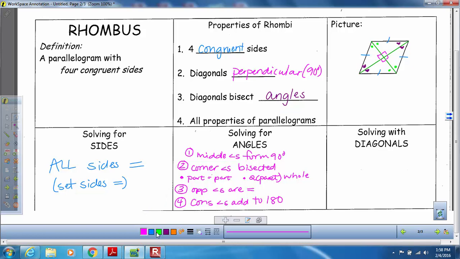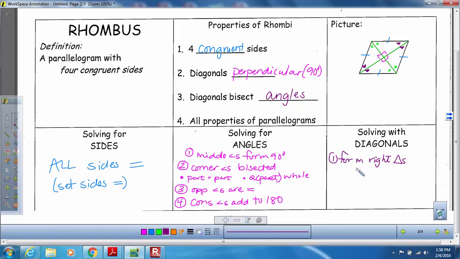And then if we were solving using diagonals, our diagonals actually form, let me fix this, they form right triangles due to the right angle here.